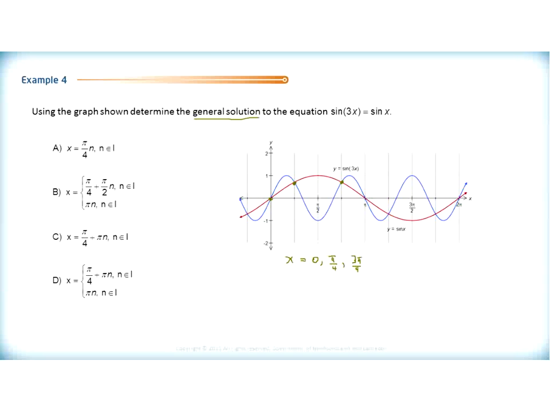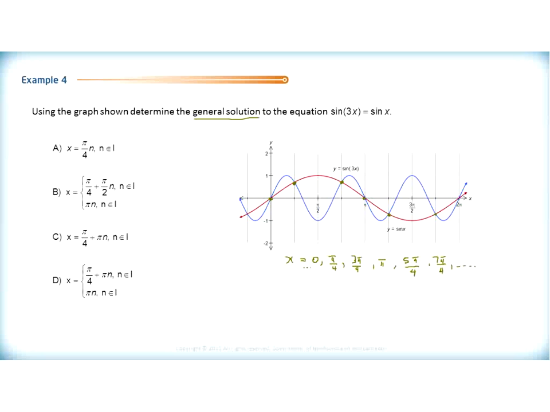Again, if you think about multiples of pi over 4, so 1 pi over 4, 2 pi over 4, 3 pi over 4, 4 pi over 4, or pi. We've got 5 pi over 4 as an answer as well, right there. And we have an answer at 7 pi over 4 as well. And of course, we know that these values do continue in both directions. So I should put a dot, dot, dot on that side as well.